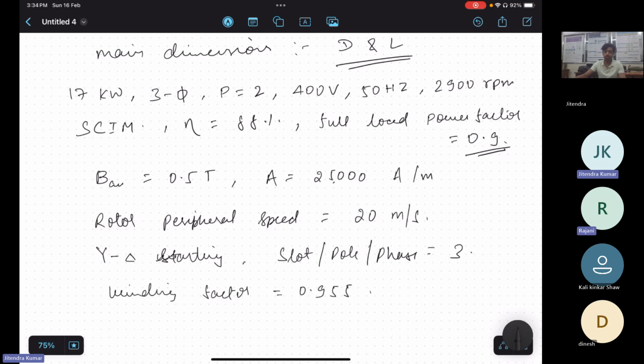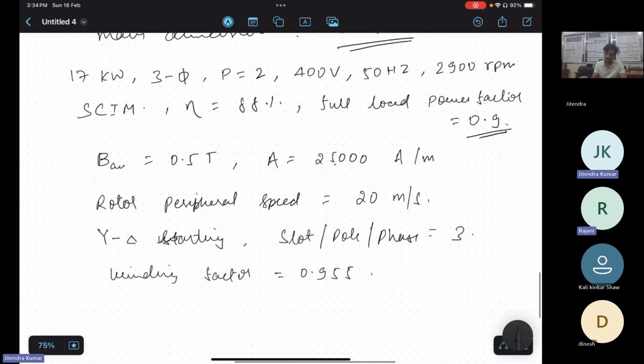If we can calculate the torque of this machine, we will be able to calculate D square L. Again, in rotor peripheral speed, V is given, and from there R omega, so we can get the diameter D, and knowing the diameter we can calculate the length. So first we should try to calculate torque here.